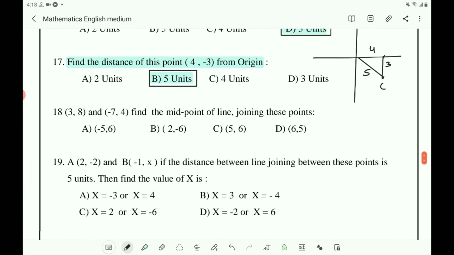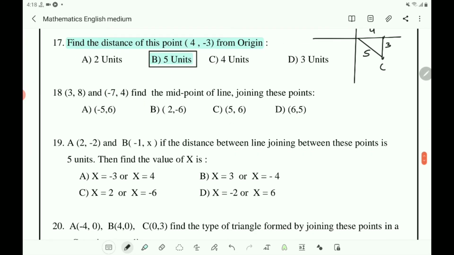Next you take question number 18. 3, 8 and minus 7, 4. Find the midpoint of the line joining these 2 points. Here you use the midpoint formula. You know that for x1, y1, x2, y2, it is x1 plus x2 by 2, that is 3 plus minus 7, which means 3 minus 7, which is minus 4, by 2.